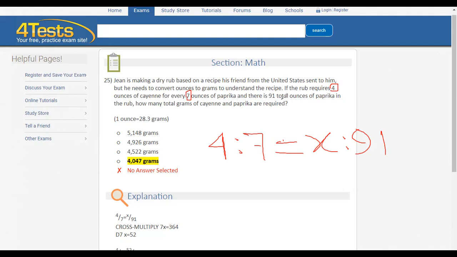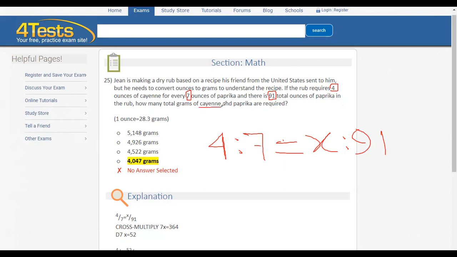And there is 91 ounces of paprika in the rub. How many total grams of cane? So this 91 is coming for the paprika, and how many total grams of cane for the paprika? So X we can use for this.